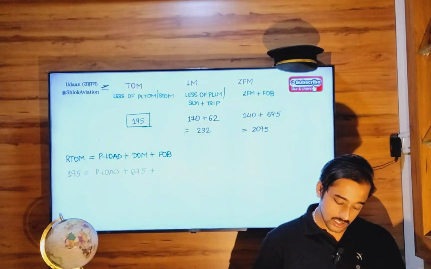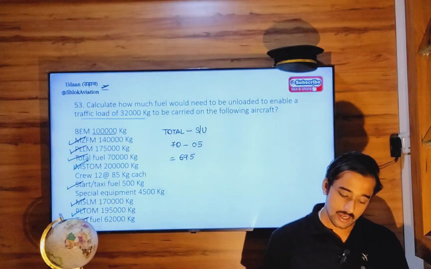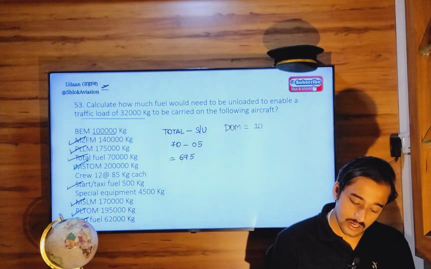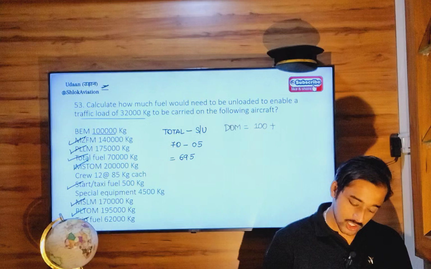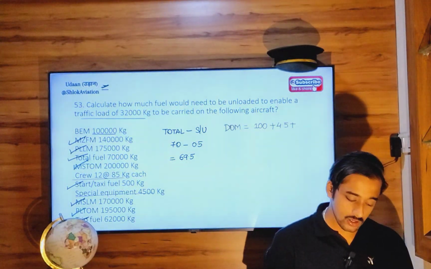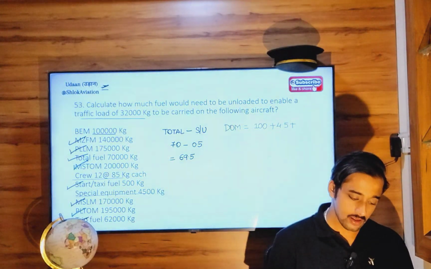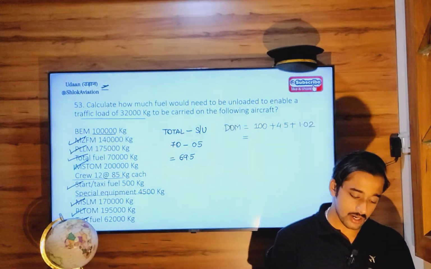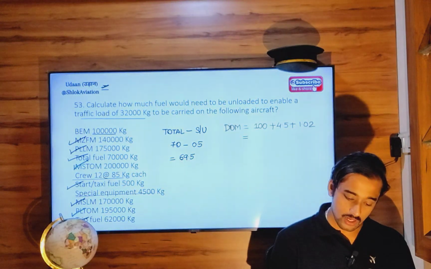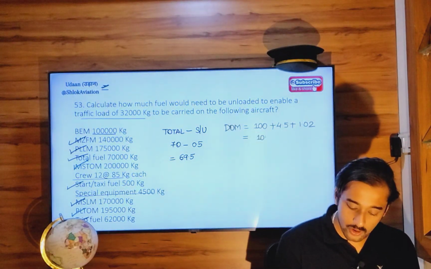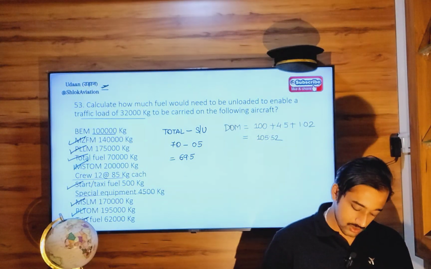Again, dry operating mass is not given to us directly, but we know DOM equals basic empty mass of 100 plus special equipment 4.5 plus crew 12 into 85, 1020, so 1.02. So 100 plus 1.02 plus 4.5 is 105.52. So write it here.